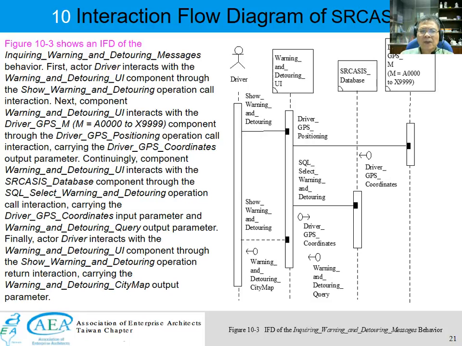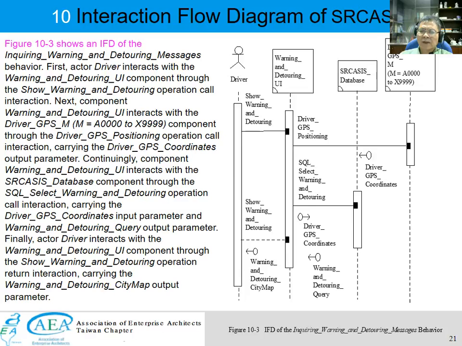Figure 10-3 shows an IFD of the inquiring, warning, and detouring message behavior. In this IFD, there are 4 interactions. The first interaction is the driver actor interacts with the UI component. Then this UI component will interact with the driver GPS component to get the driver GPS coordinate data.